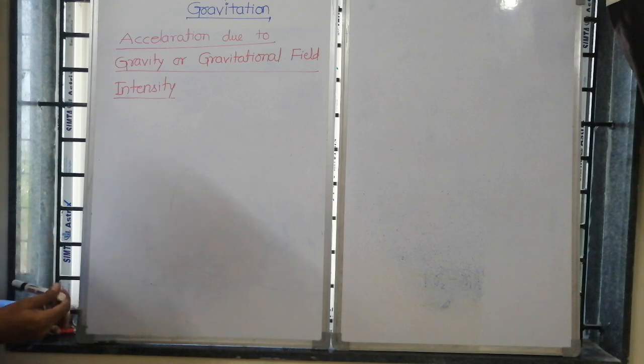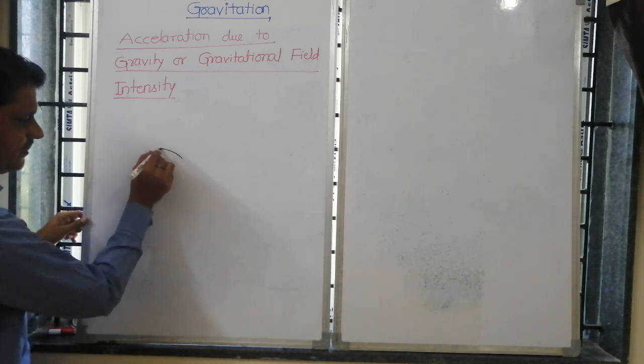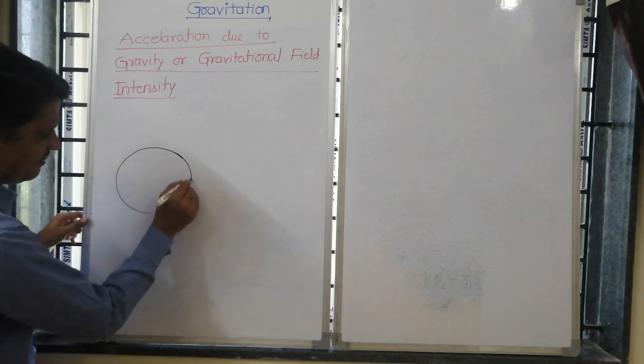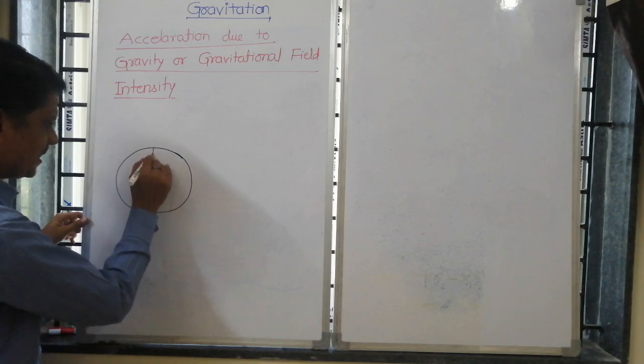Okay, now as you know, consider a planet of mass m and radius r.